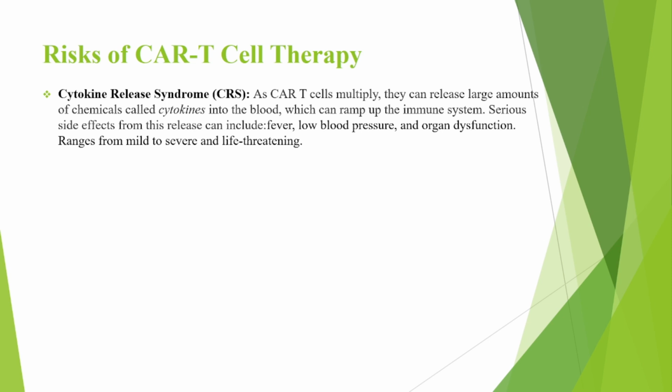The first is cytokine release syndrome, where the CAR T cells multiply and can release a large amount of chemicals called cytokines into the blood, which can ramp up the immune system.